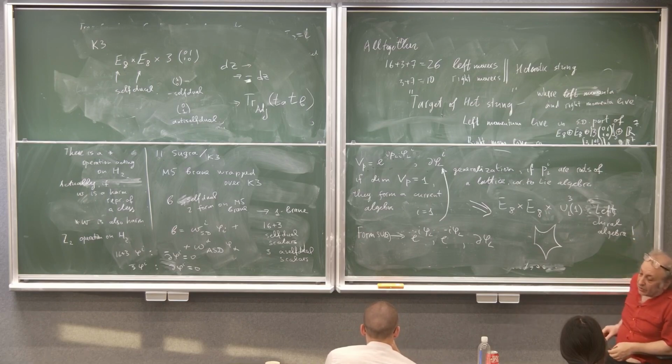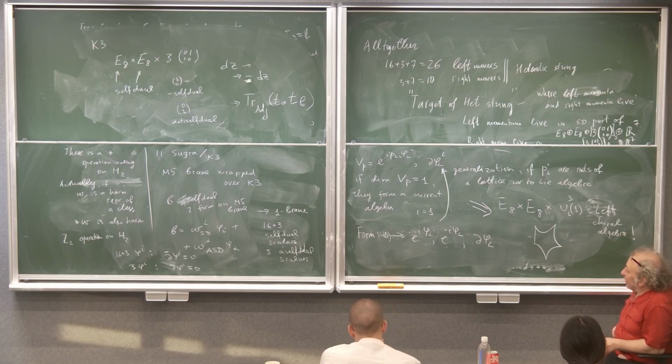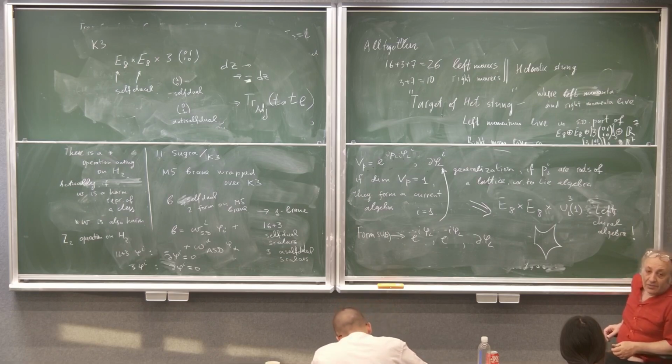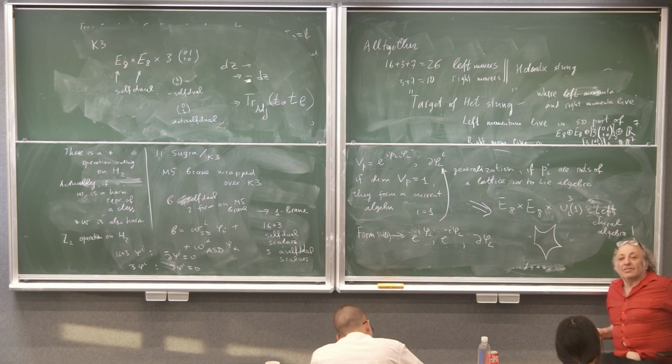So I would like to conclude by saying that the duality business is not a science. We apply a group of dualities, T dualities, S dualities, in different order.